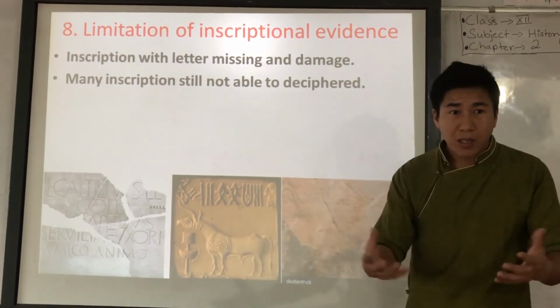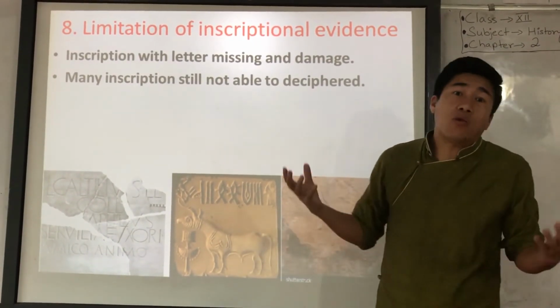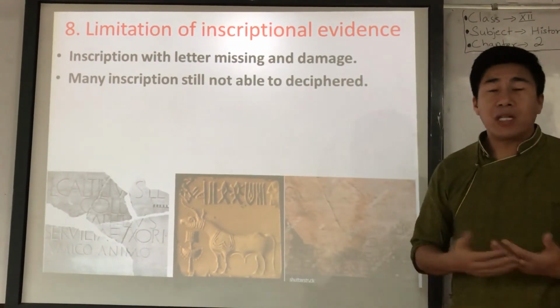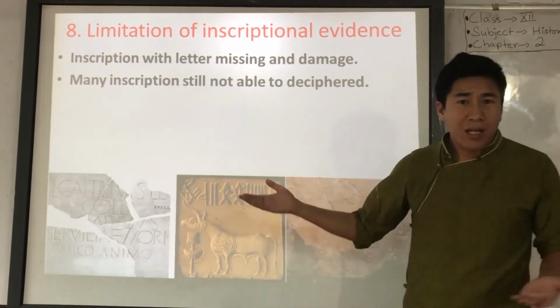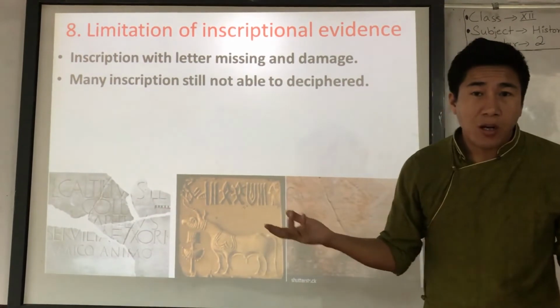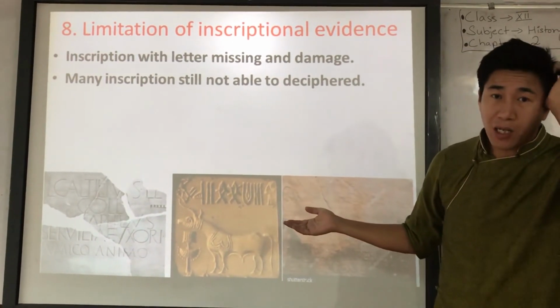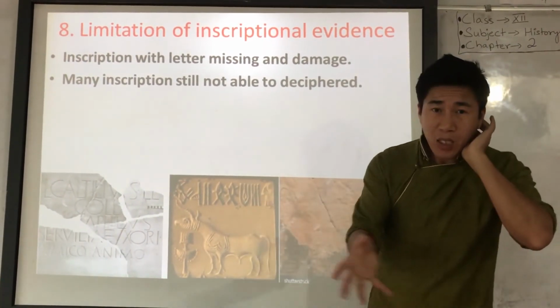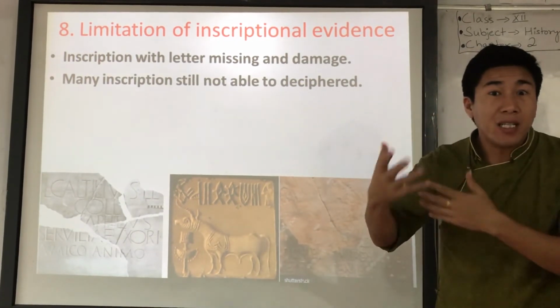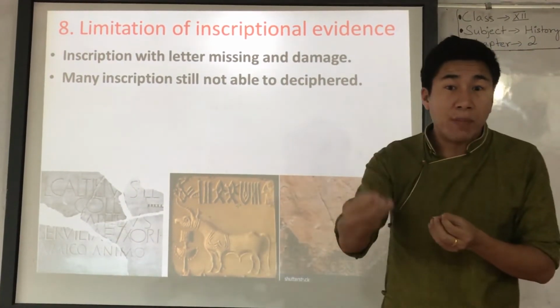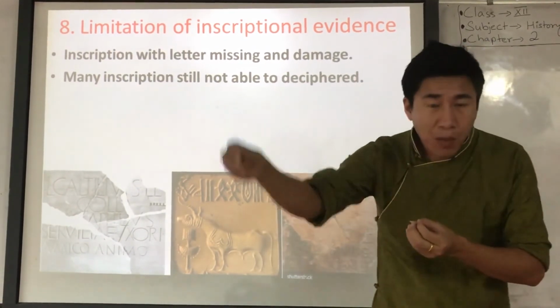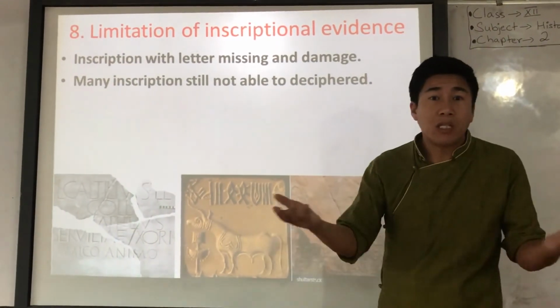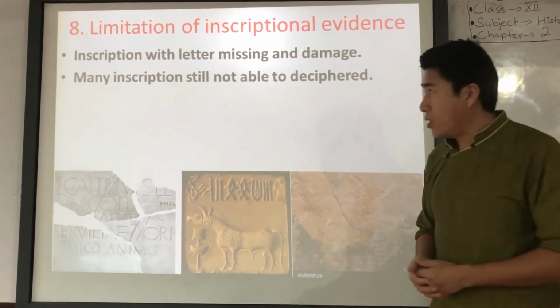We know it is important, but we don't know how to read it. Even today, historians are not able to read this script. So that is also a limitation of inscription evidence. That is why, when we study the Harappan culture, we use the words probably, maybe, repeatedly, because the inscriptions could not be deciphered by historians.